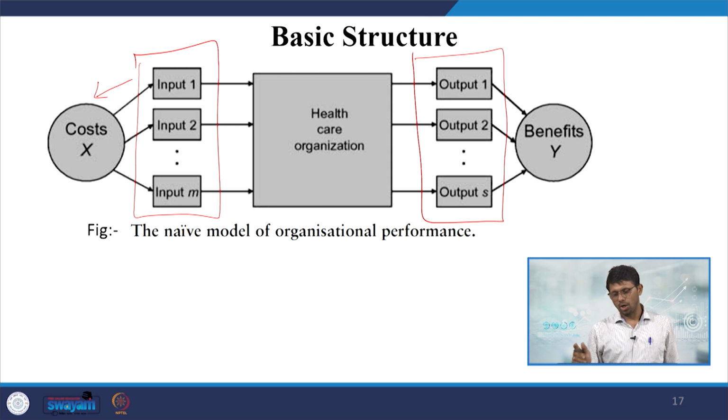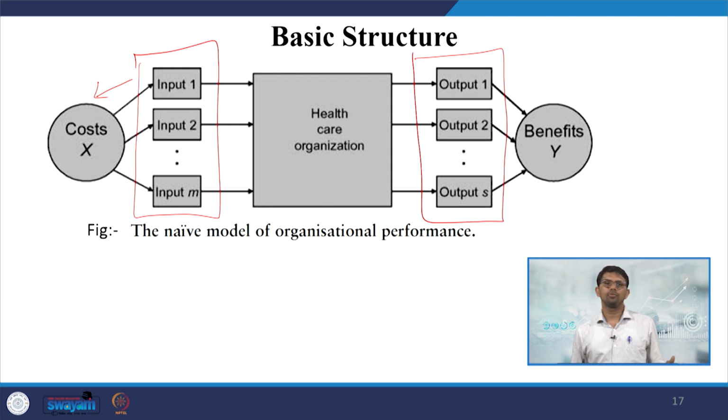When I say output of healthcare, maybe the number of treated persons over a time period may be an output, maybe the cost minimization may be an output, and maybe the number of persons who have given better feedback out of their consultations. If that can be numerically presented, it can also be considered an output.